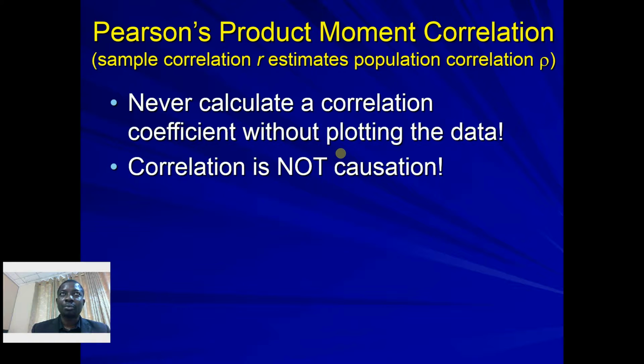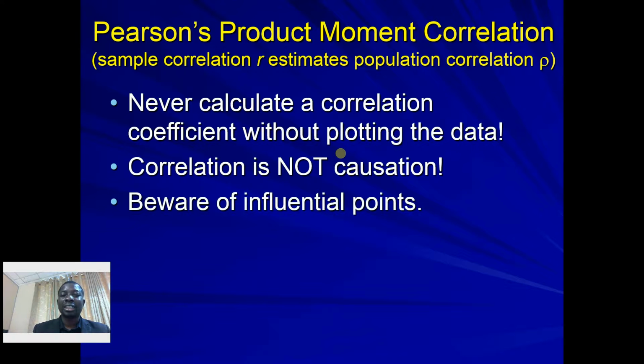For example, if there's a correlation between the number of hours you study and your performance, it does not mean that your performance is being caused by the number of hours you study. We see that this association is an indication that there could be some further relationship that we can test, but it does not mean that there is a causation.